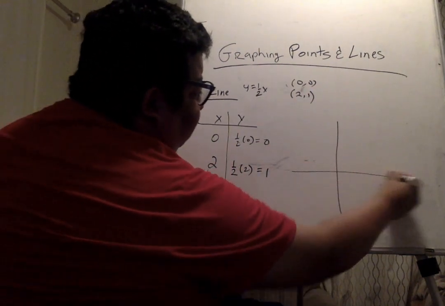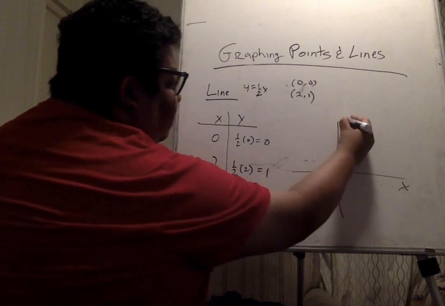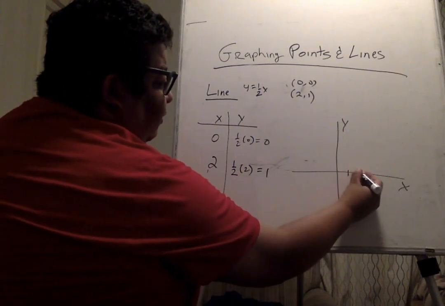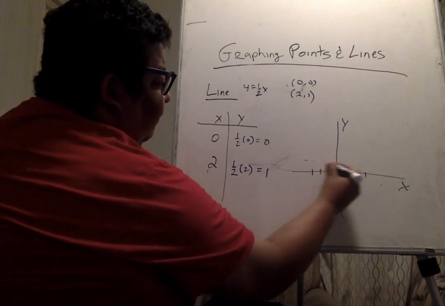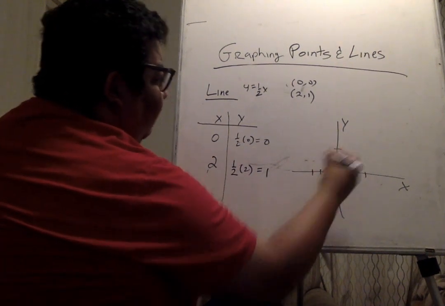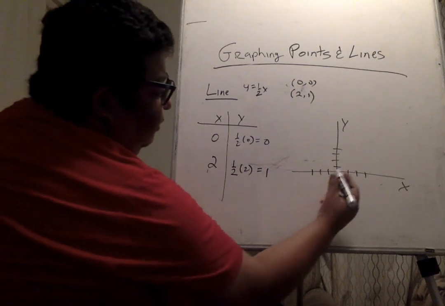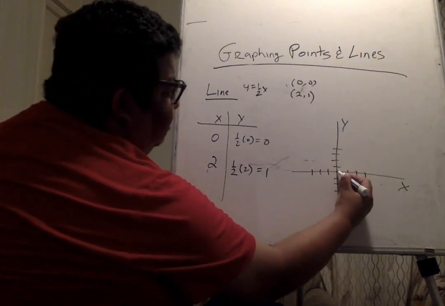Now we draw our coordinate plane. This is your x, this is your y. So we have 2 points. Remember, the origin is always 0, so 0, 0 is here.